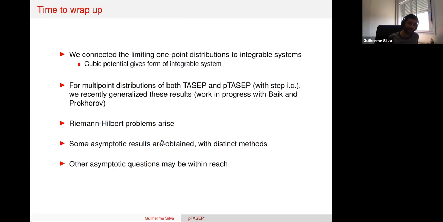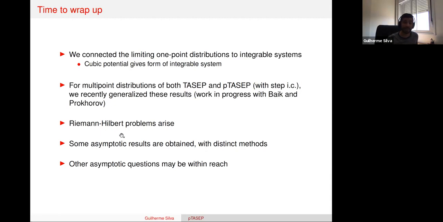Riemann-Hilbert problems arise in this context, as we saw, and they give us a good ground to find all sorts of possible connections. We obtained some asymptotic results, the ones that I mentioned in the previous slide: the degenerations for super relaxation times or small times, with different methods using different representations.